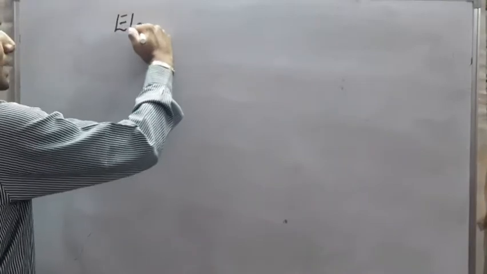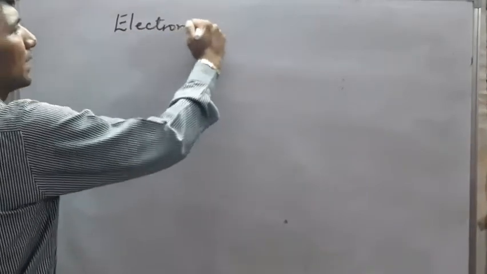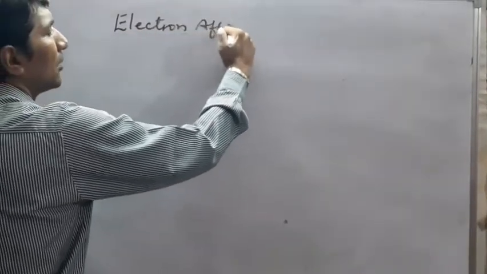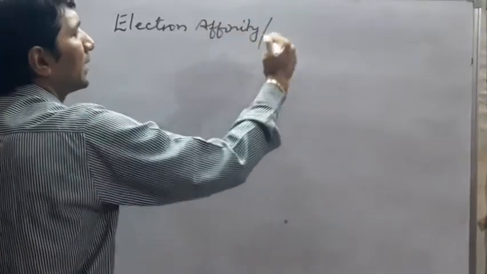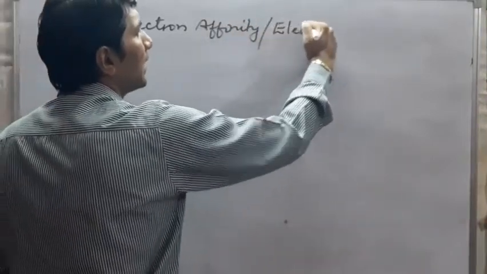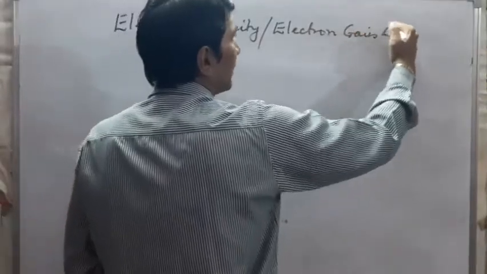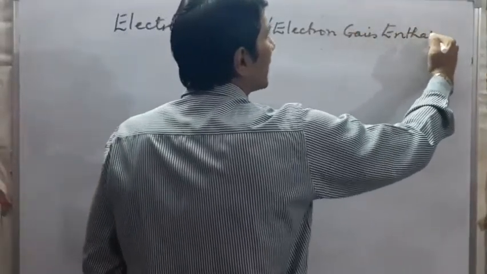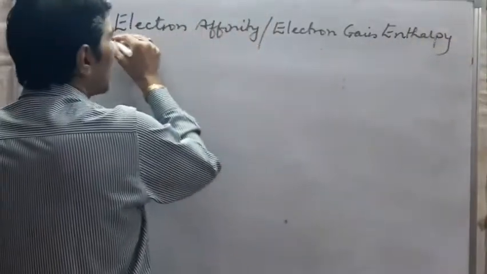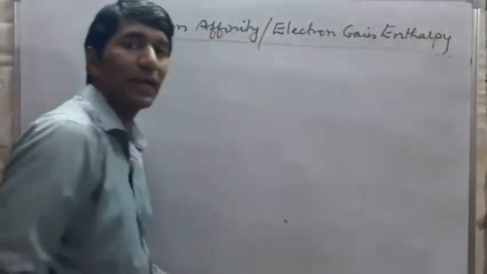Now let's come to the third trend, and that third trend is known as electron affinity. Alternatively it is also known as electron gain enthalpy. Wherever the word enthalpy is coming, it means that we are talking about a specific amount of energy.